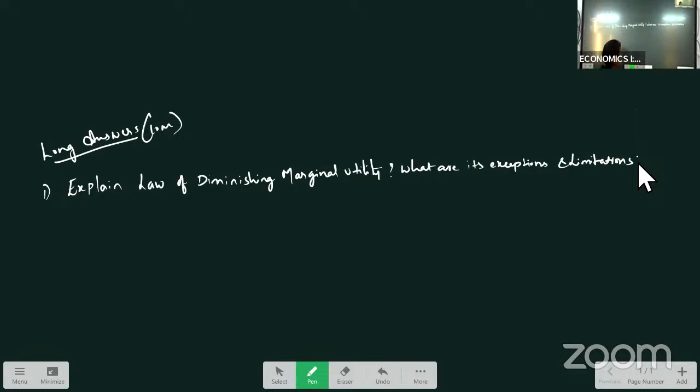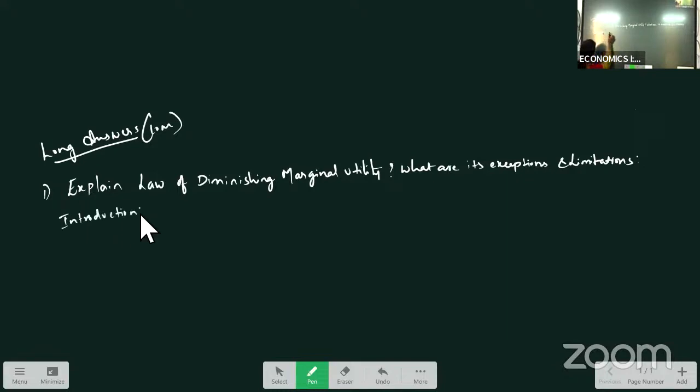What was explained in law of diminishing marginal utility? As the consumer consumes extra units, the additional satisfaction from each extra unit decreases. Here, when you write this answer, how to present it? First, you will write the introduction.